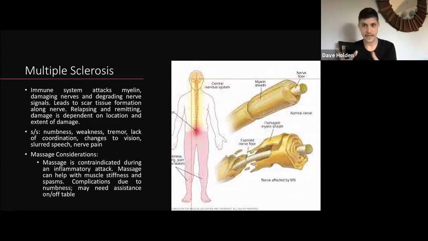There's muscle side effects that go along with that. But after a flare-up, they'll usually go through a period of remission. Now, again, this is dependent on the individual. Some people will have relapses that last for weeks, and then they get months of no relapse. So this is something that just happens to them a few months every few years.